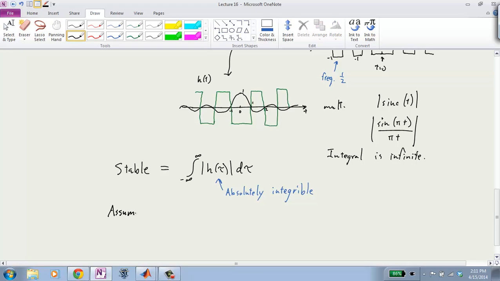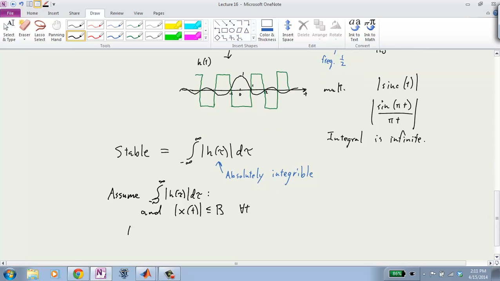Assume this, and assume that the input x of t, in absolute value, is less than or equal to some b. There's some bound on it for all t. Then let's look at the output. y of t equals x convolved with h of t. And we want to show that y is also bounded.